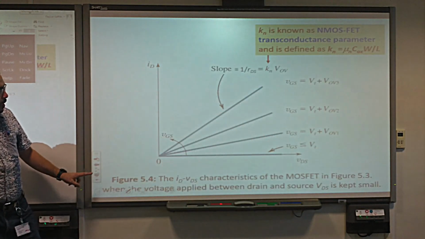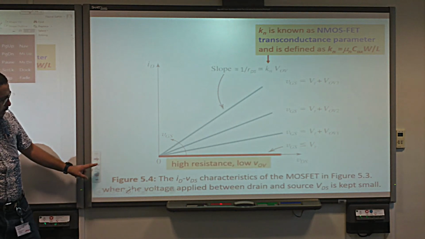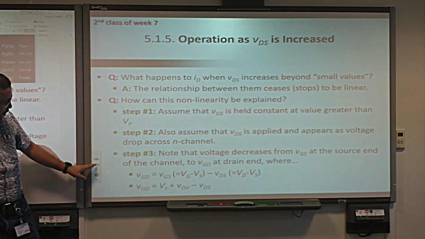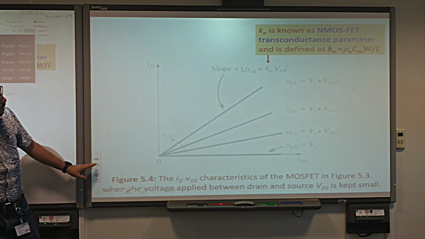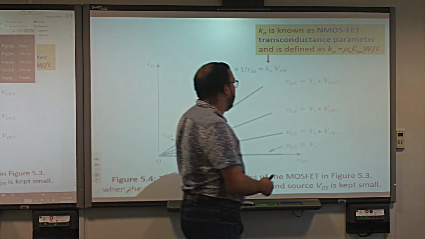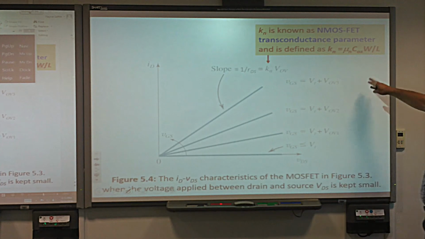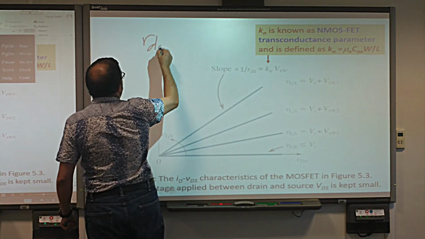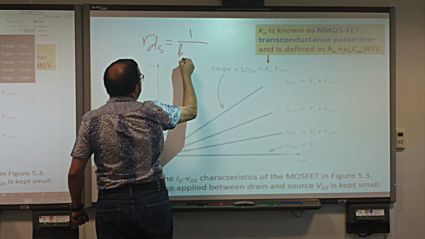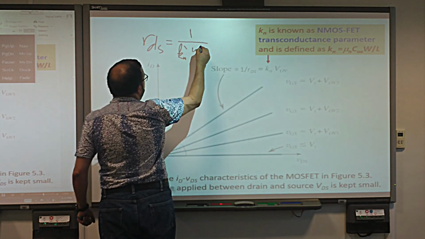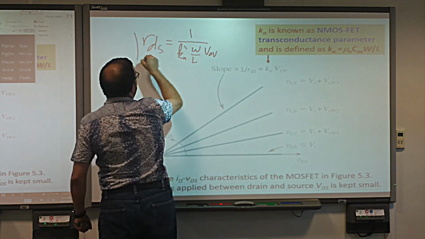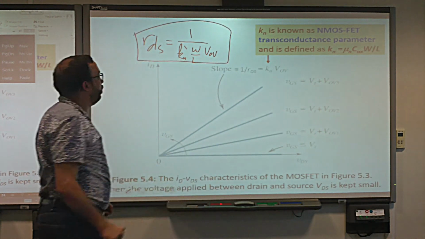So in a nutshell, RDS is equal to 1 over Kn prime, times 1 over W over L, the designer's parameter, times 1 over the overdrive voltage. This is in summary. You go back and you find it.